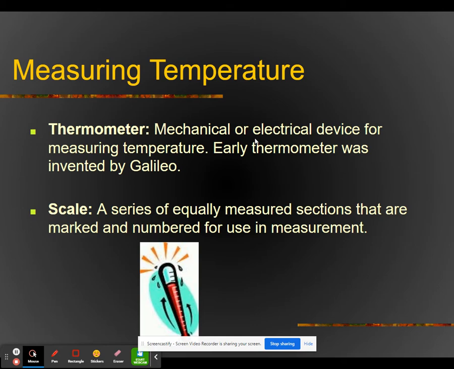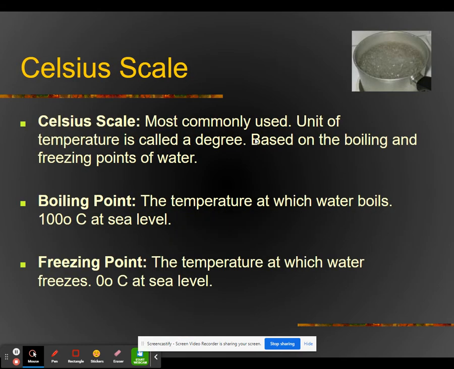Obviously, as we said before, the only scale we use in the metric system is Celsius, and that's because it's based on water. We'll talk about that in a minute. But it's going to have equidistant measurements, which means they're equally spread apart. And they're marked to use for measurement. And then you'll see how high usually a liquid goes within that cylinder with the notches for measurement.